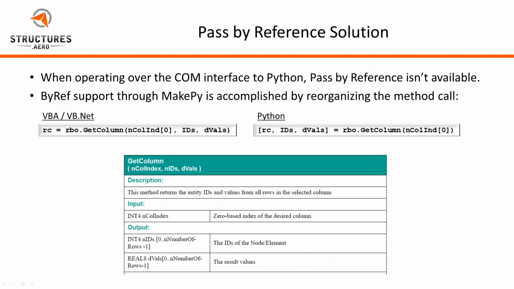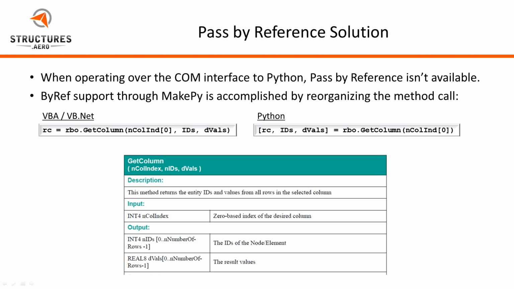There's a way around it though, thanks to MakePy. What it does is it rearranges the functions. In this case, for VBA or VB.NET, that's how our function call would normally look. We're receiving the return code, but we're passing it 3 variables. The number column index is our input, and the IDs and the values are both outputs.